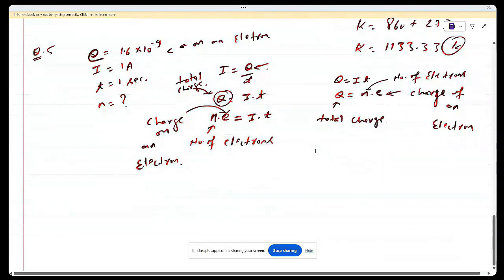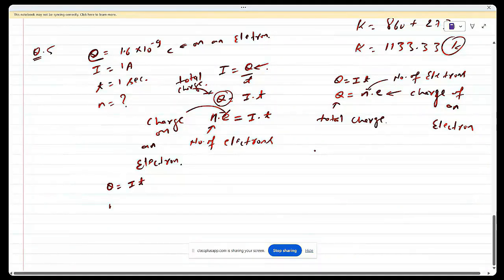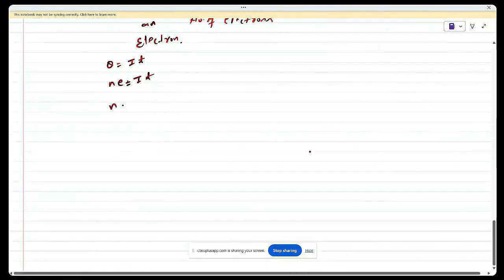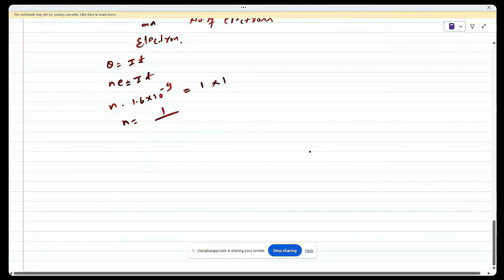So let us solve it. First of all, Q is equal to IT, then Q is equal to NE is equal to IT. Now you have to find the value of N into E, which is 1.6 into 10 to the power minus 19, is equal to I into 1, and T is equal to 1. So N will be 1 upon 1.6 into 10 to the power minus 19, which comes in the numerator as plus 19.